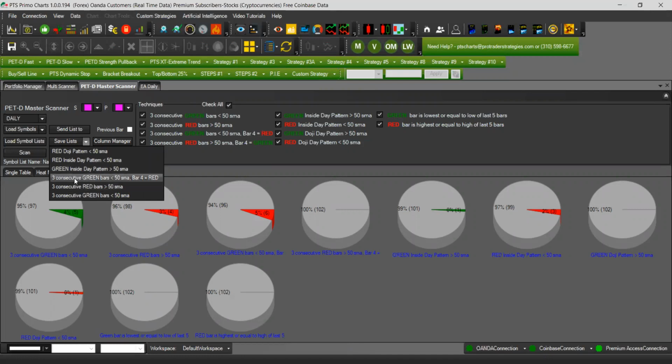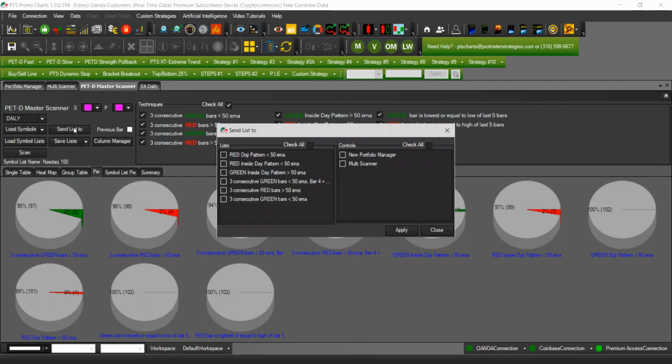So I'm going to save the 3 consecutive green bars below the 50-day moving average. Or you can send the list of those setups to, for example, a multi-scanner. So we're going to do that. We're going to send the 3 consecutive green bars below the 50-day moving average. I like that one. Not this one, but that one.